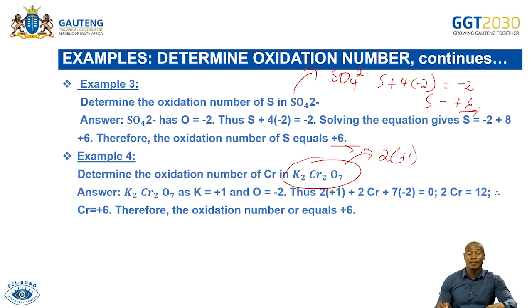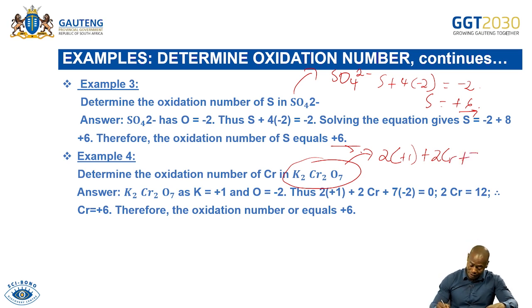+1, right? Plus we are having chromium, but how many chromium atoms are we having in that one molecule of potassium dichromate compound? There are 2. So I'll say 2Cr. Why 2Cr? Because there are 2 in that compound.